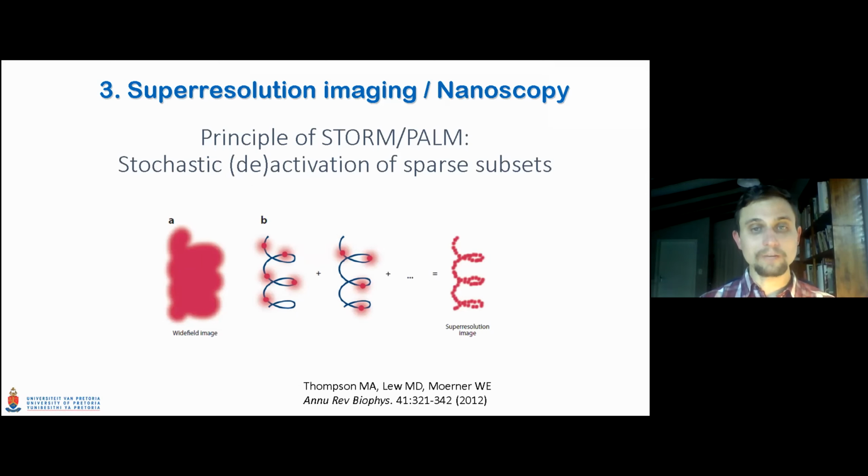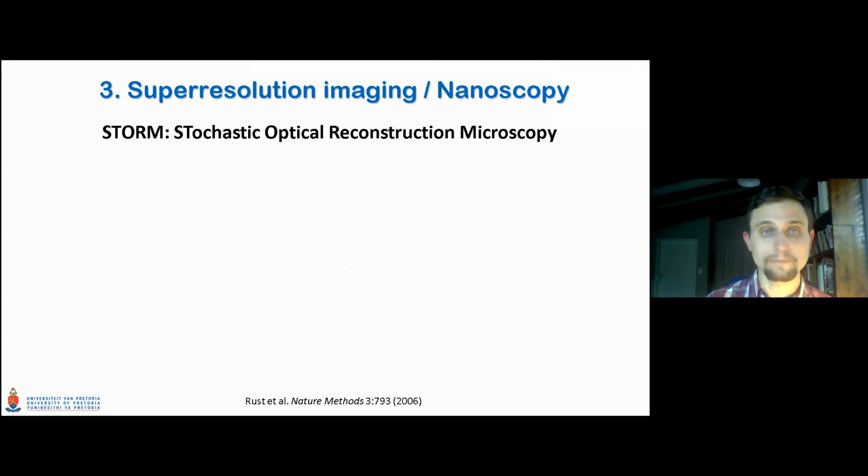Okay, so if you can do this with a lot of different subsets, you can build up your whole structure because you can then resolve all these different emitters, which will appear at different times. So if you do this enough times, you will be able to resolve this whole structure much beyond the diffraction limit. Okay, so this is the basic principle of STORM and PALM.